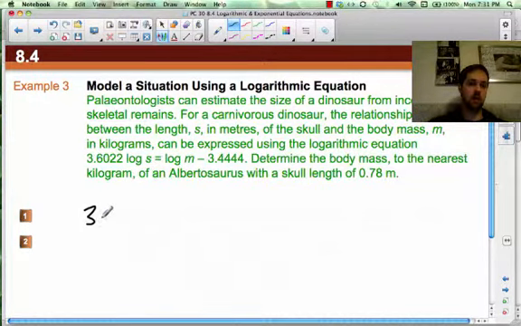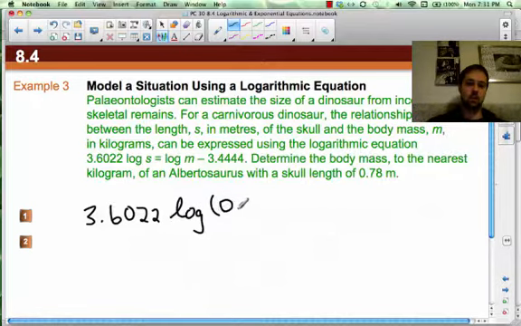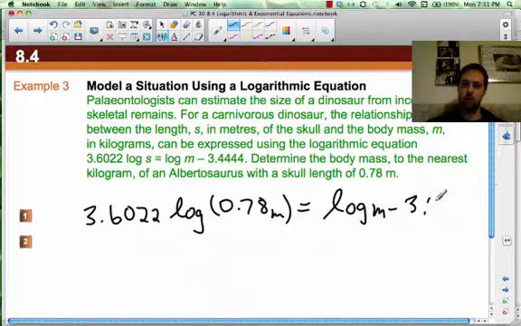So basically we have here 3.6022 log of the skull length 0.78 meters equals the log of m minus 3.4444. Alright, so the first thing I want to try to do is isolate this log m and see if we can simplify here.